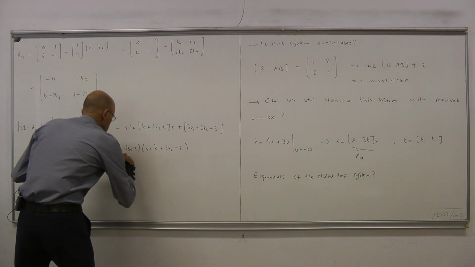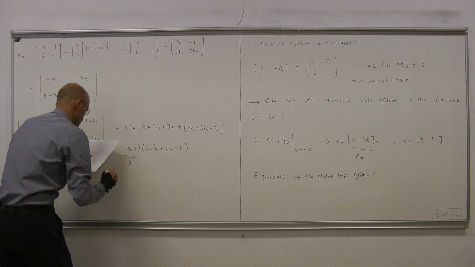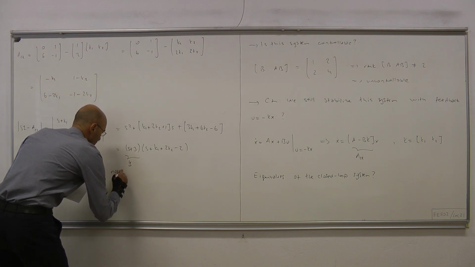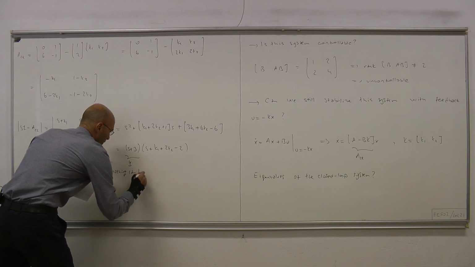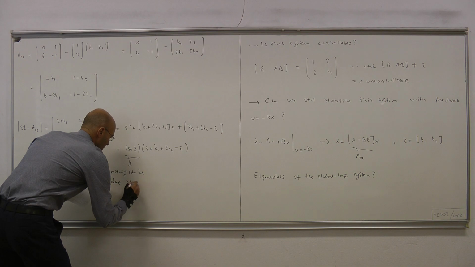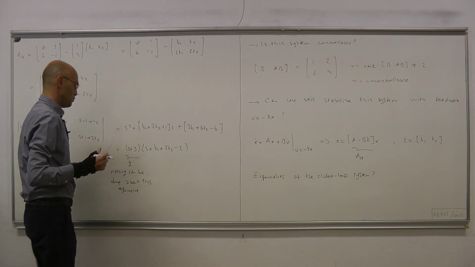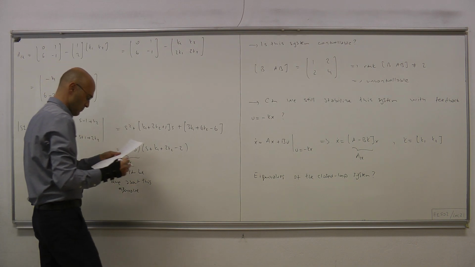So this is s plus 3, nothing can be done about this eigenvalue, and it has to do with the uncontrollability of the system.